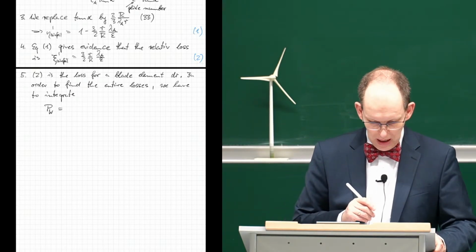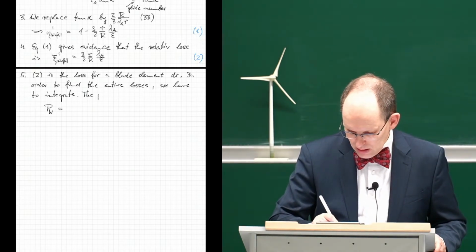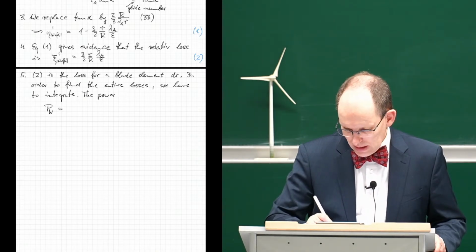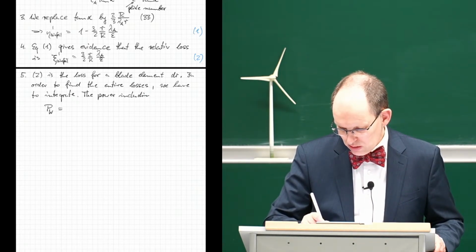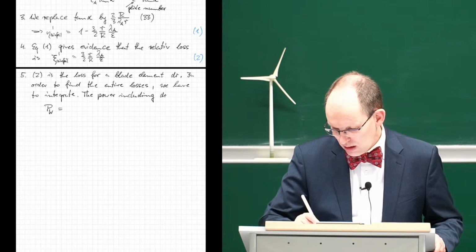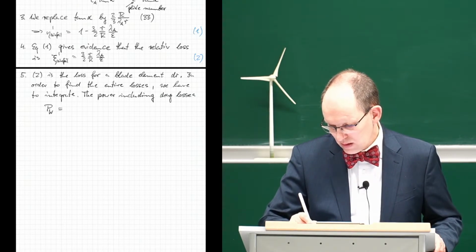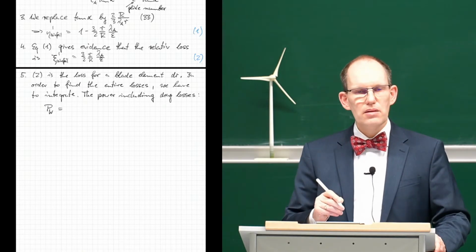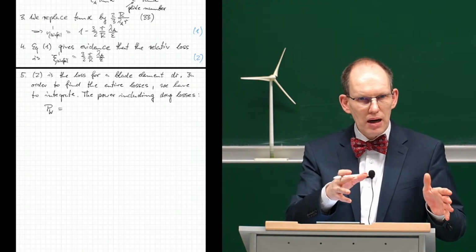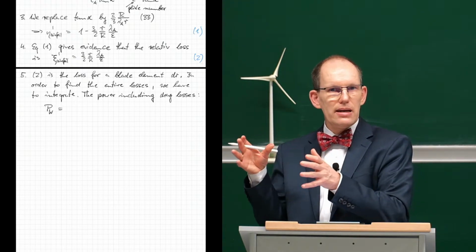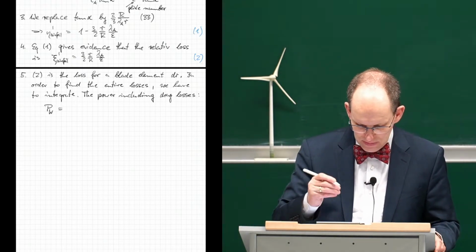And what we would find then is the power including drag losses. Now what do we expect? We expect, of course, the Betz power minus the drag losses. And this power should have this form.